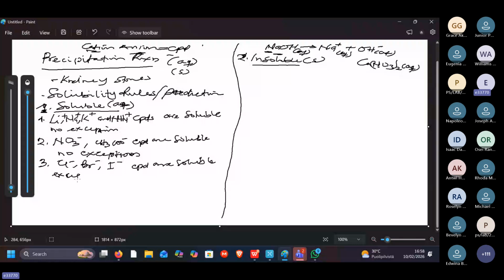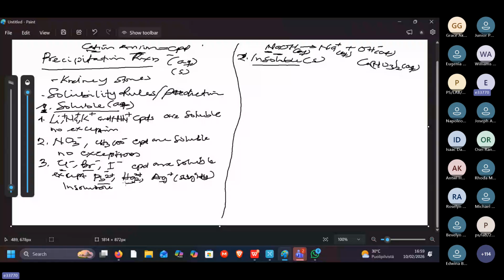The exception is when any of these halides comes into contact with cations such as lead 2+, mercury 2+, and silver +. Silver will be slightly soluble, but still considered insoluble. So when they come into contact with these 3 elements, they become insoluble.